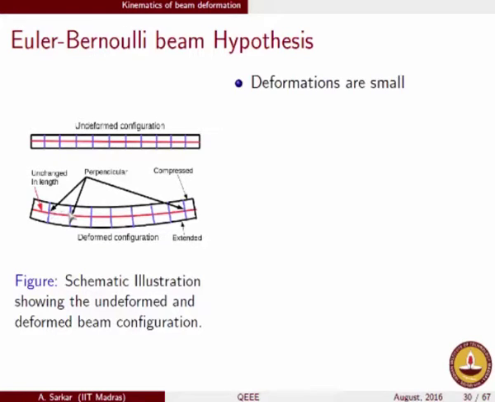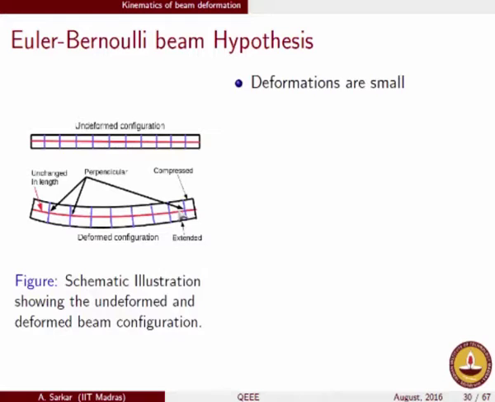Similarly, you can realize the length of the bottom fiber in this deformed configuration is more than the length of the top fiber in the deformed configuration, right. So, in turn, if you now compare between the deformed and the undeformed configuration, the bottommost black line, which is shown as a straight line in the undeformed configuration and becomes somewhat curvy in the deformed configuration, they obviously do not have the same length. The bottom fiber is extended. Similarly, the top fiber is compressed.